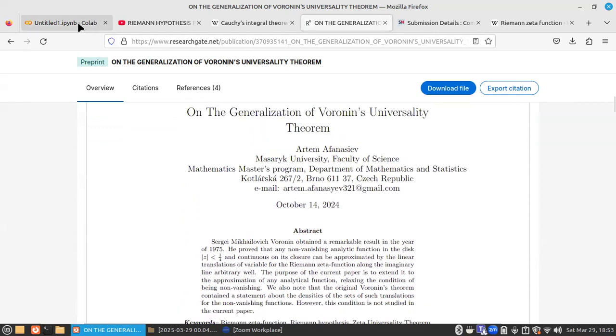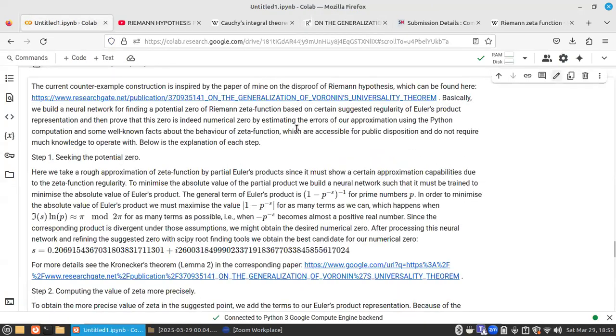So what would be our goal? Our goal is to take an Euler's product for a large number of primes, and then theoretically prove that it does not differ so much from the actual value of Riemann zeta function using some numerical tricks. So first of all, what should we need?